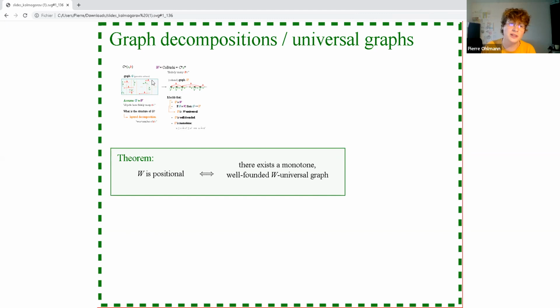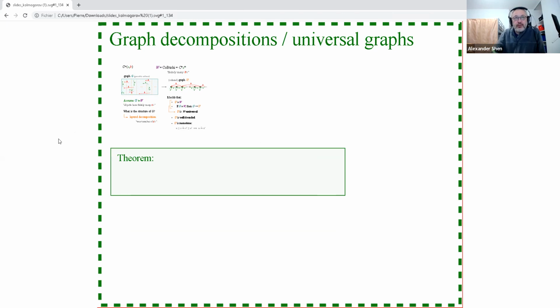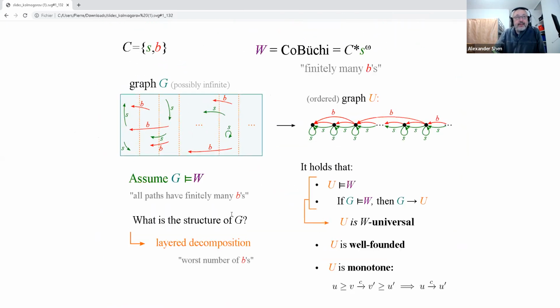Okay, so V is just a class of infinite strings. Yes. And then what is the general definition of a monotone V universal graph? So universal means I satisfy the objective and I embed all the graphs satisfying the objective.